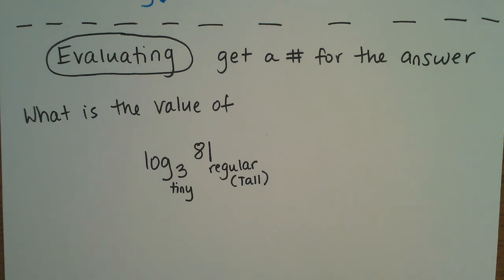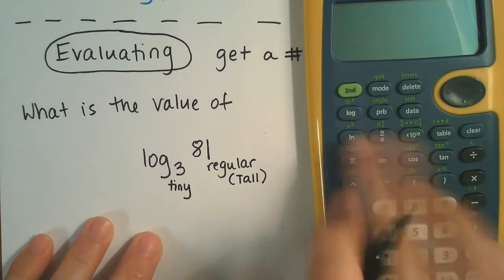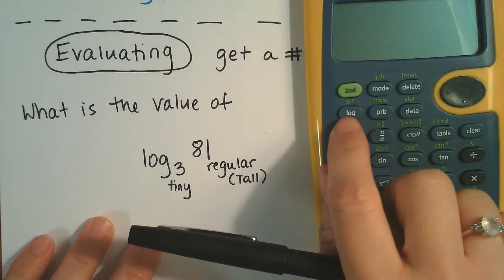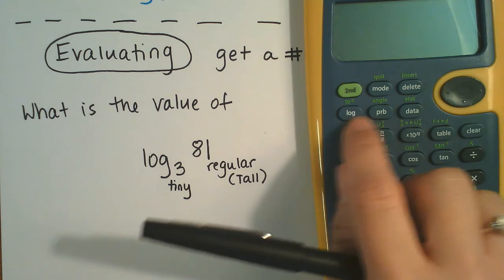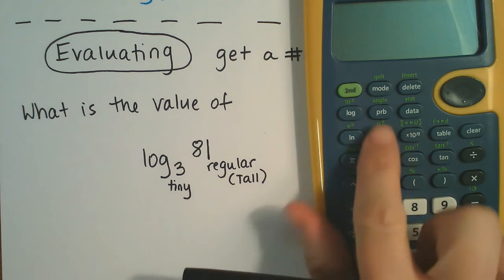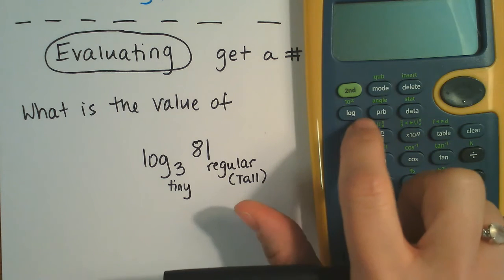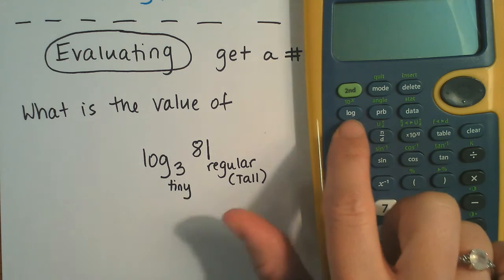So, when I'm looking at my calculator and I find log, okay, log is right here. The log button on your calculator doesn't have a base on it. I think the black calculators do allow you to put information in a little box, but generally on a regular calculator, it doesn't.